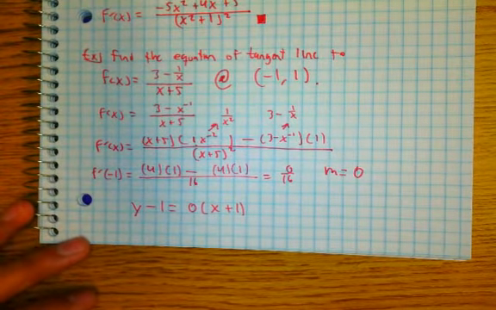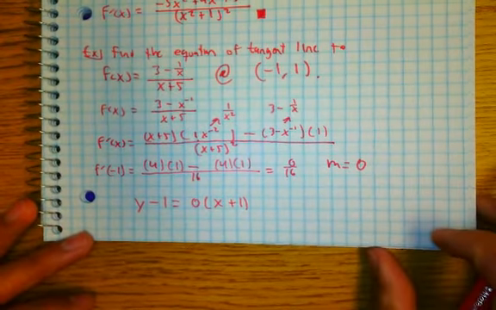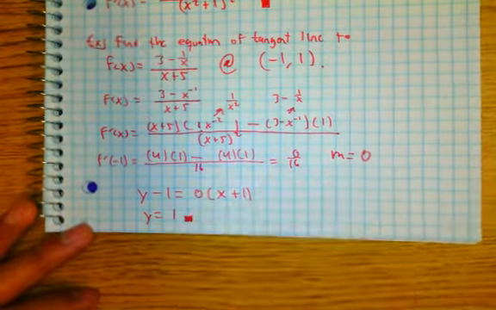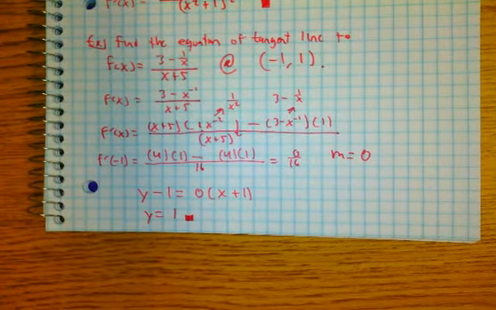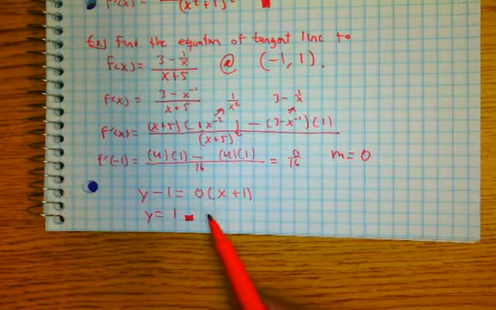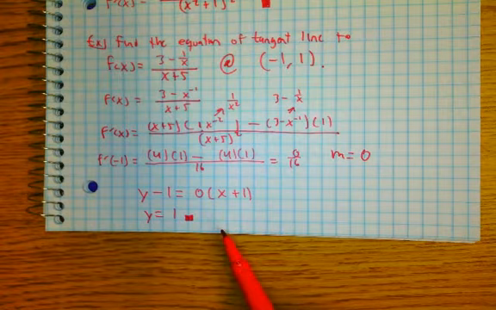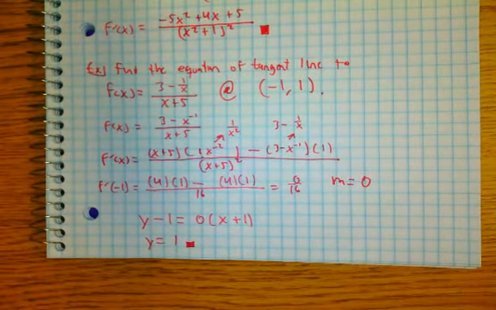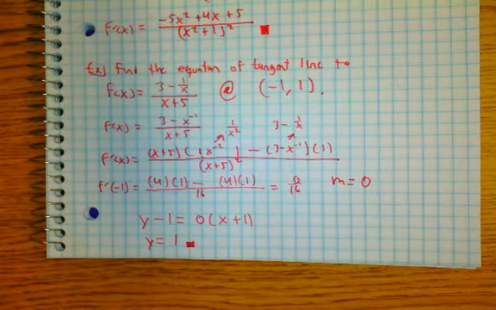So what does that mean as far as me having a slope of 0 for that tangent line? What do you know about a line that has a slope of 0? Not undefined, but is it a horizontal or is it a vertical line? It's a horizontal line. So wherever this is happening on this function, that tangent line happens to be horizontal.